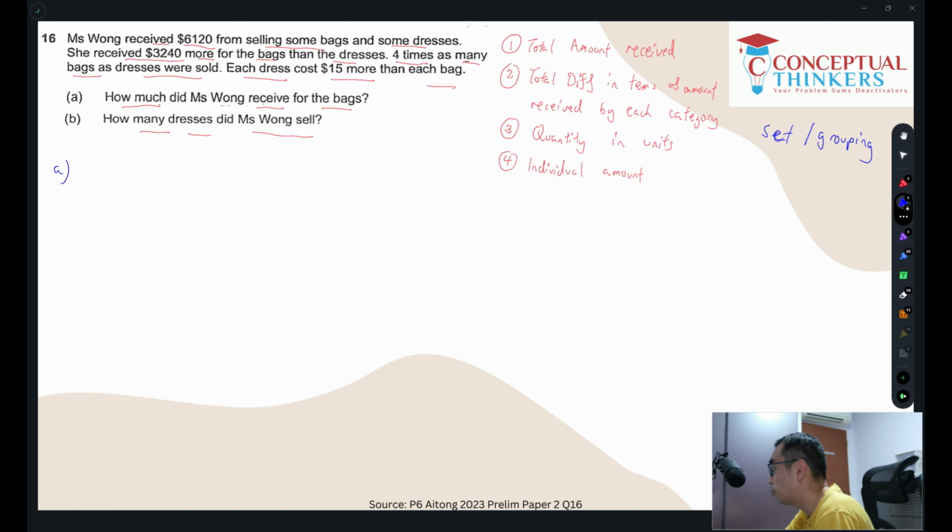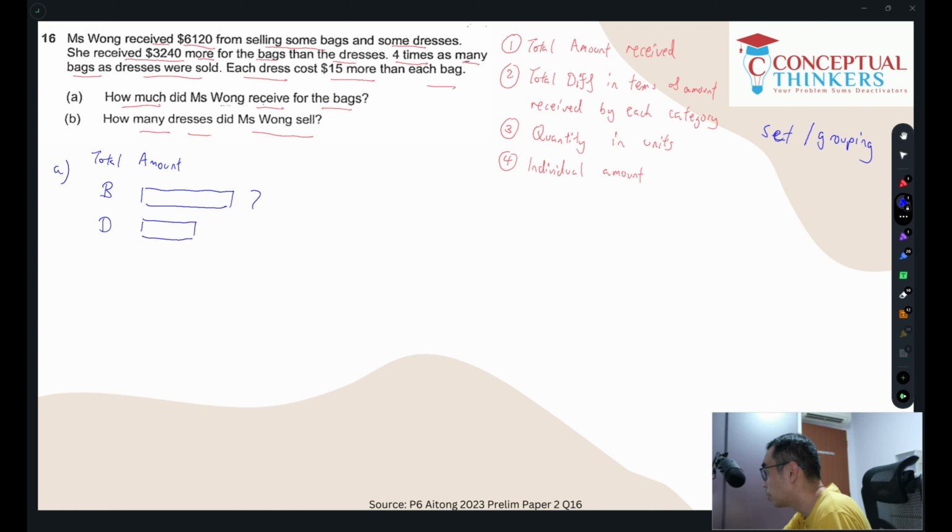The amount received for the bags will be more than the amount received for the dresses, so the model for the bags will be longer. I usually write what model I'm drawing, so I have bags, then dress. The amount for the bags will be longer, and the amount for the dress will be shorter.